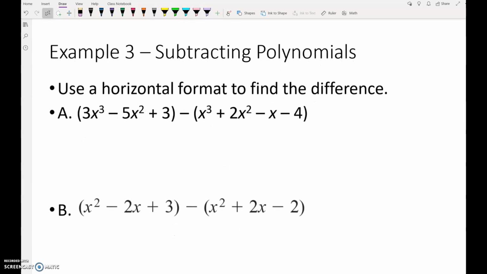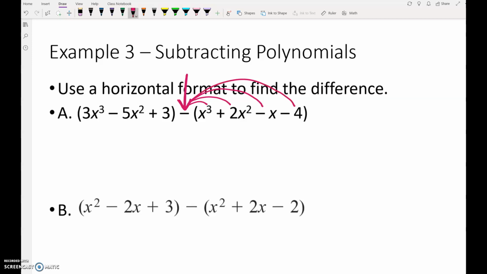Subtracting polynomials. You do need to be careful when you see subtraction. So this sign right here means that we need to be careful because we aren't just subtracting the x to the third. We are subtracting x to the third. We're subtracting 2x squared. We are subtracting a -x and subtracting a -4.